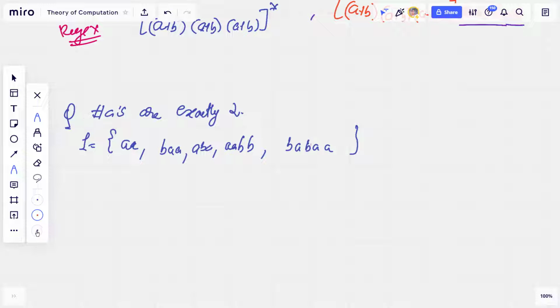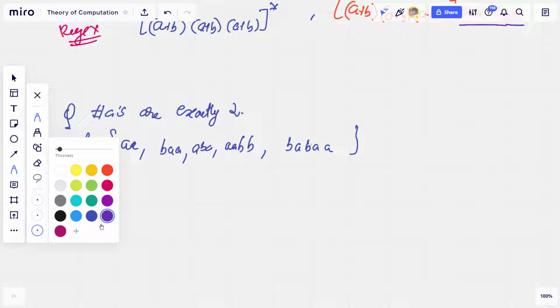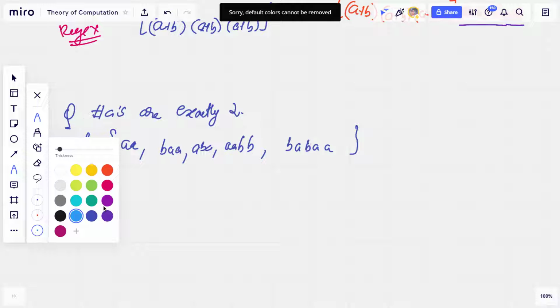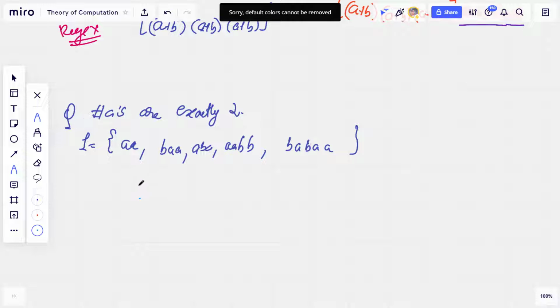Here's how we write it. Let me change to a different color. Any number of B's, or let's just write it this way.